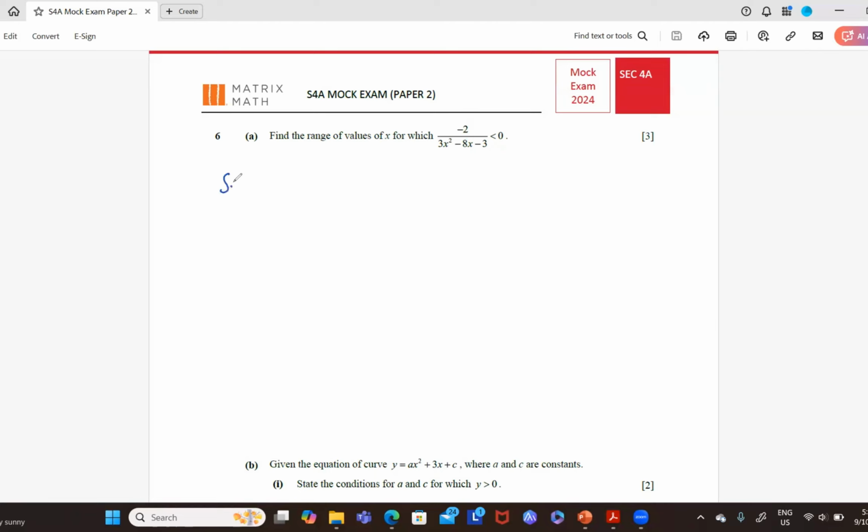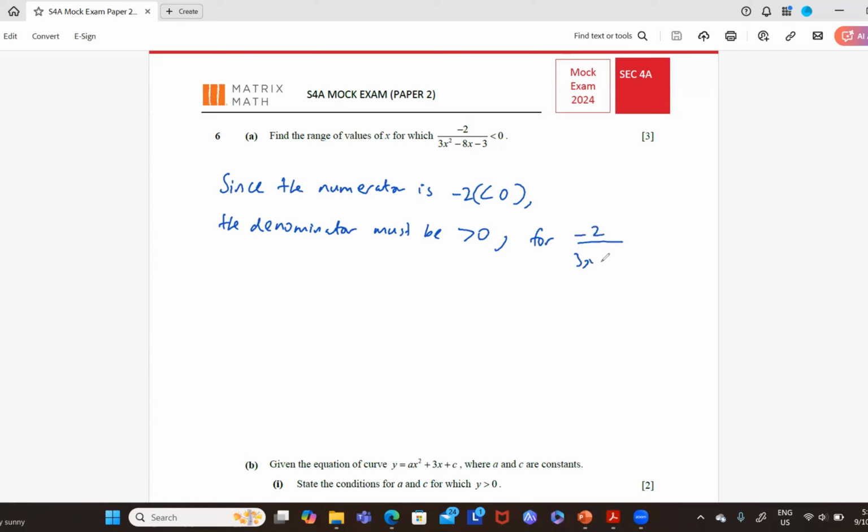So you can write down, since the numerator is minus 2, which is less than 0, the denominator must be more than 0 for the fraction minus 2 over 3x squared minus 8x minus 3 to be less than 0.